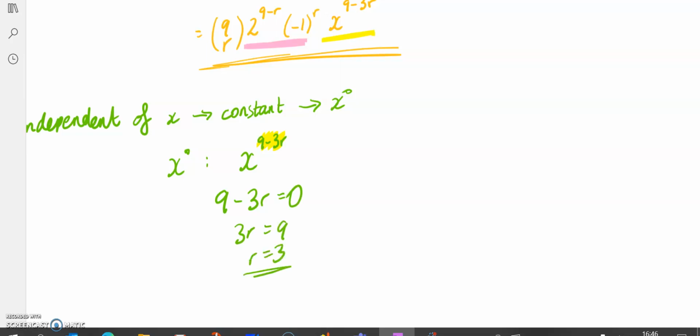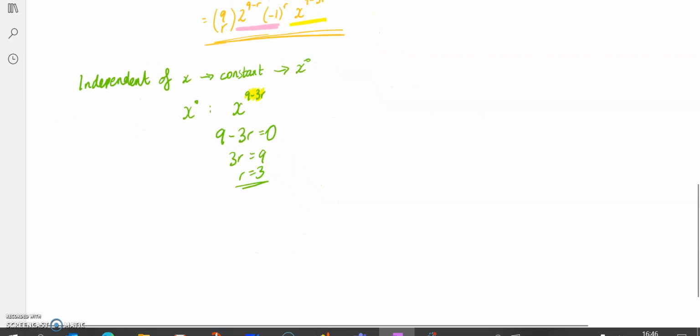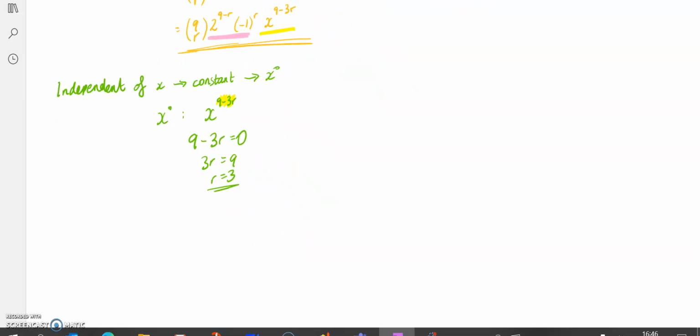We've now found out the value of r, and now we can slot this into our big general term formula. So it's 9 choose r, so it's 9 choose 3, 2 to the power of 9 minus 3, minus 1 cubed, x to the 9 minus 3 times 3.